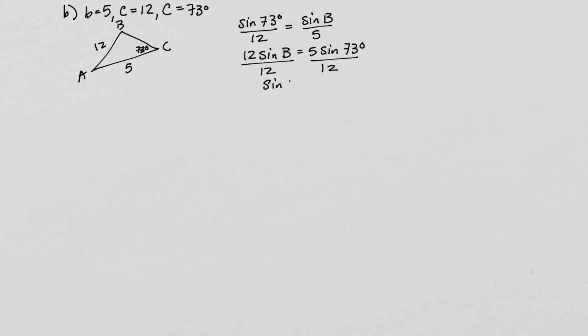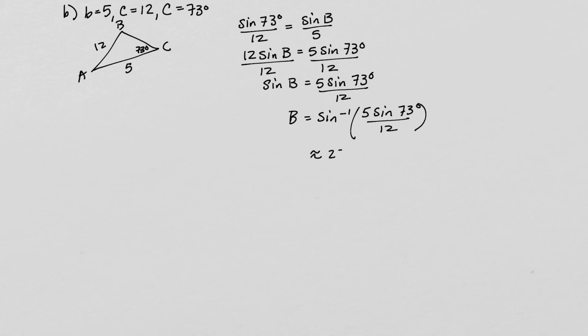So the sine of B is equal to 5 sine 73 degrees over 12. Take the inverse sine. So B is going to be the inverse sine of 5 sine 73 degrees over 12. And so this turns out to be approximately 23.5 degrees. So that's the first one.